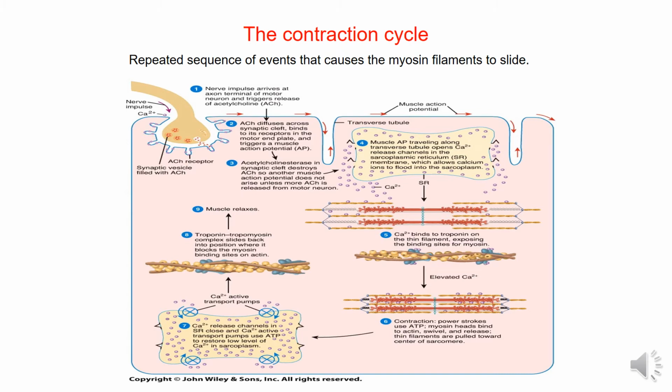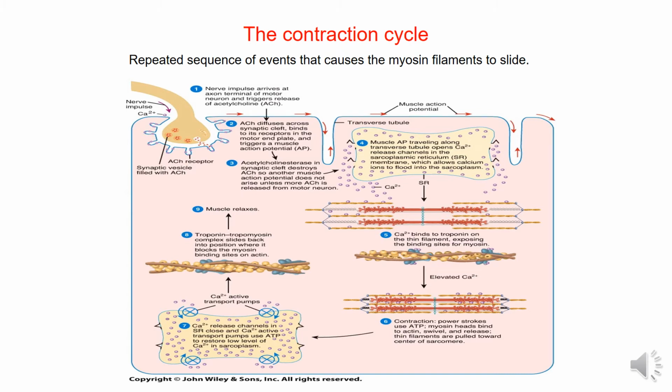Then the muscle action potential triggers the release of calcium from the sarcoplasmic reticulum. Calcium binds with the troponin, and this moves the tropomyosin away from the binding sites, with sliding of actin over myosin, producing contraction and shortening of the sarcomere.